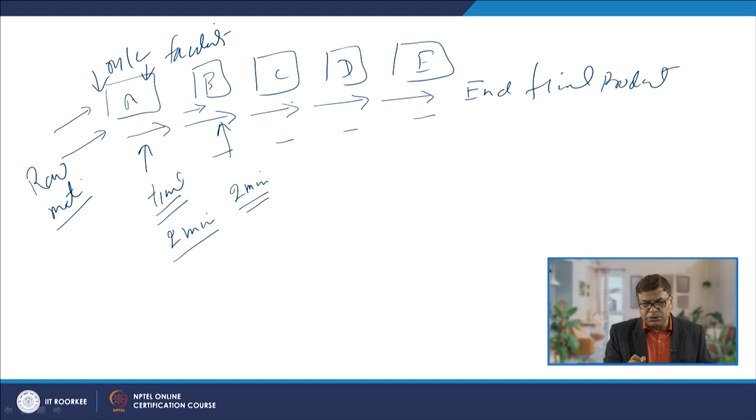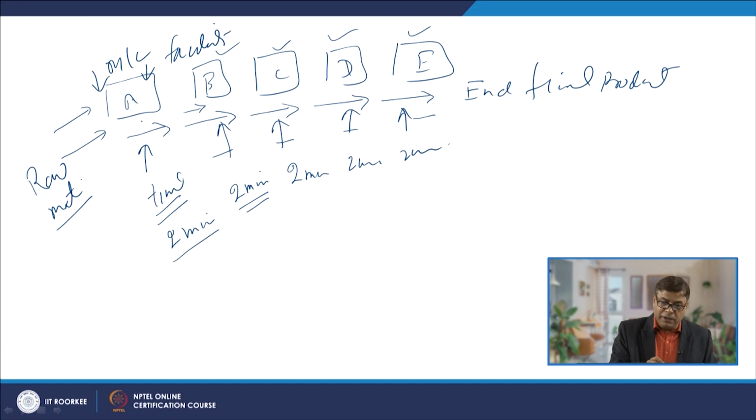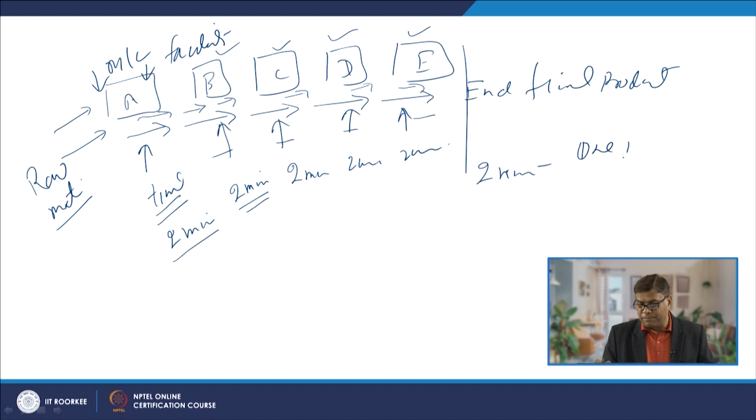So, the distribution of the work at these centers is done in such a way that the time required to complete the assigned activities at each station is almost equal. If it is 2 minutes at each station, then all the machines will be working continuously and there will not be any idle time, and at the end of each 2 minutes we will get one product.